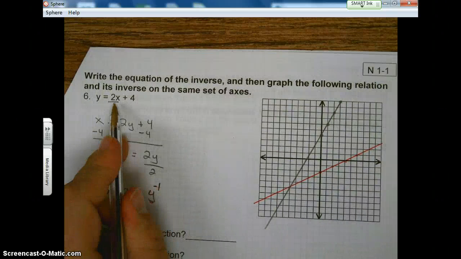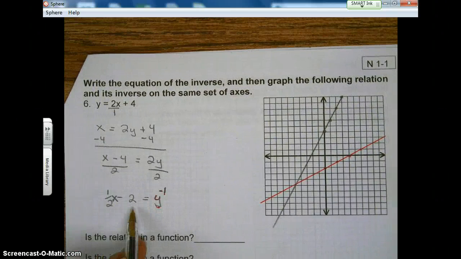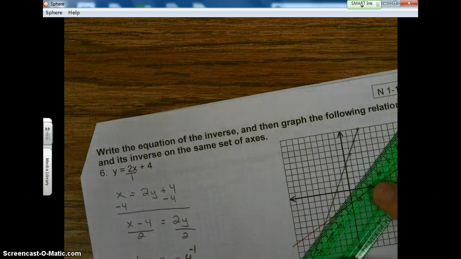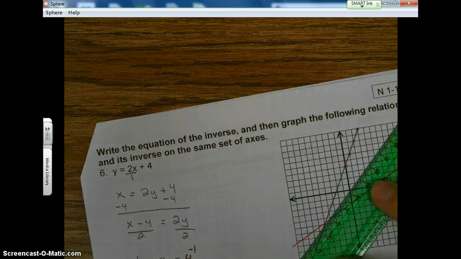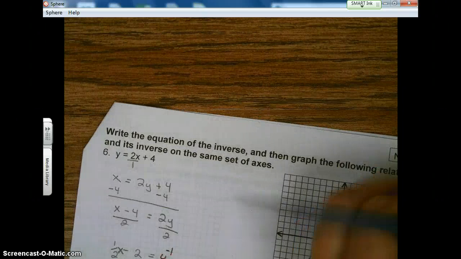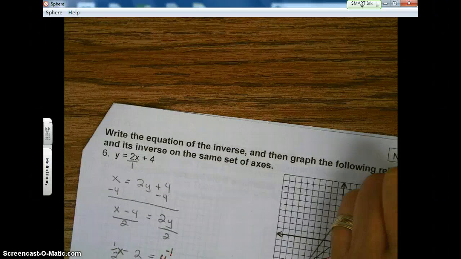Notice the original was linear and the inverse is also linear. Alright, now let's go ahead and put in the y equals x. Interesting. Do you notice anything?